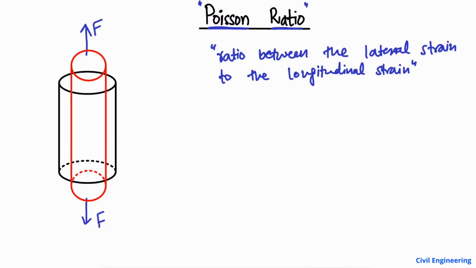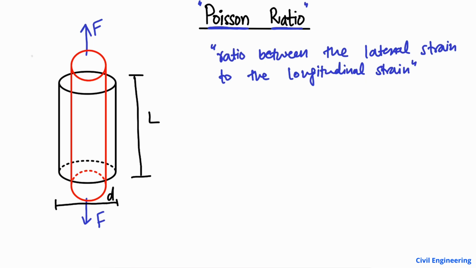If this was the original length L of the object and this is the original diameter D of the object, now because of the load, the length or the longitudinal dimension of the object increases, or we can say some strain is produced in the longitudinal direction. So there is an extension in the longitudinal direction.